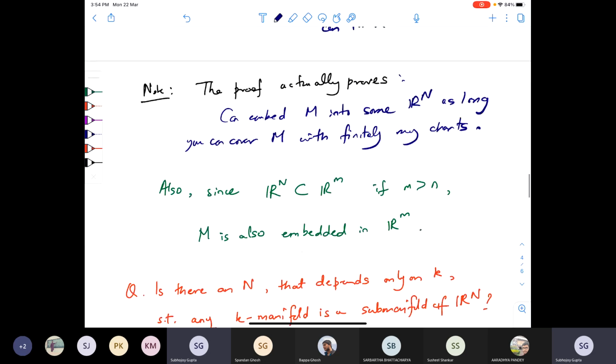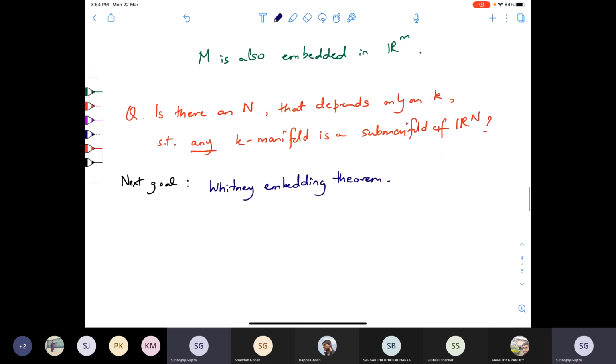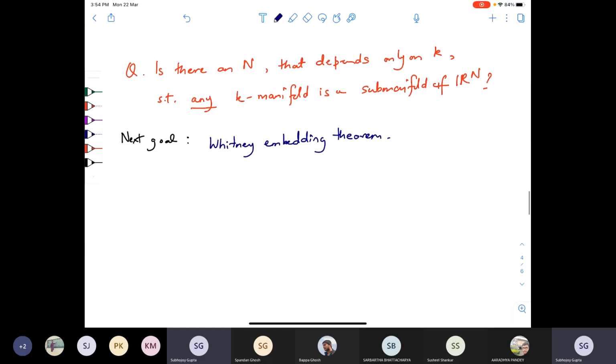This observation is going to be useful later on when we talk of non-compact manifolds. So anyway, here's the statement that we are after.